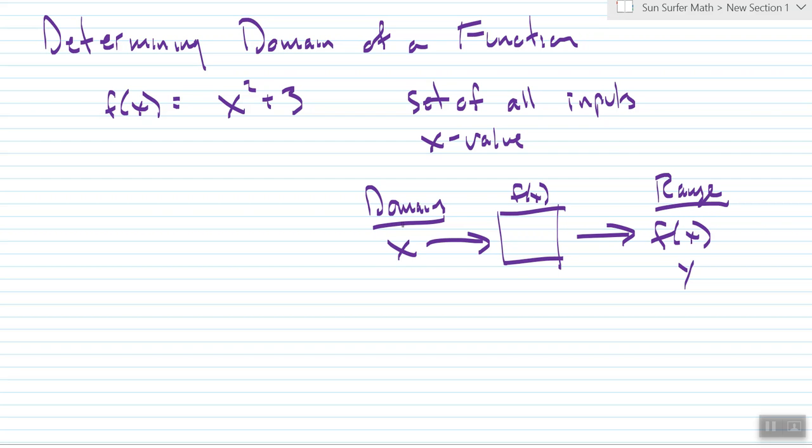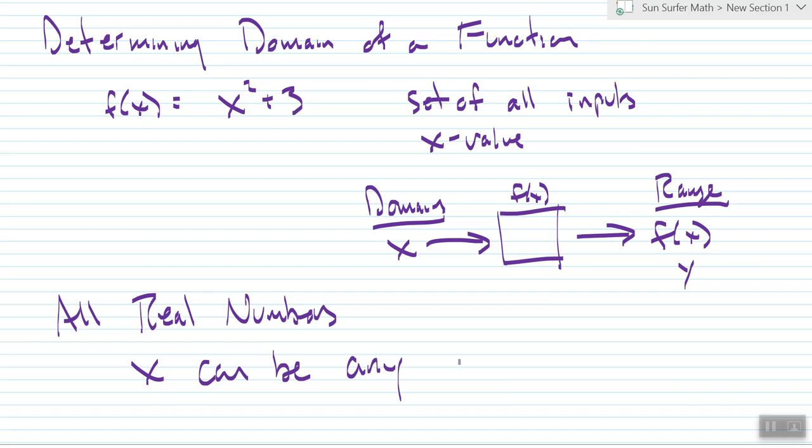Well, to determine what the domain of a function is, the easiest way to approach it would be to start from the premise that it would be all real numbers. In other words, we can let x be anything. x can be any number.